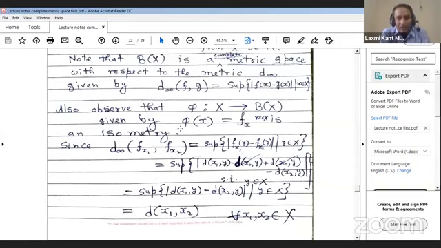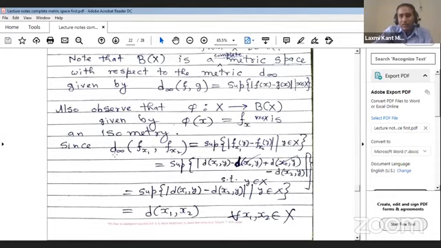You can easily check that this supremum will be nothing but the distance between x1 and x2. While checking it, you need to use the triangle inequality also.